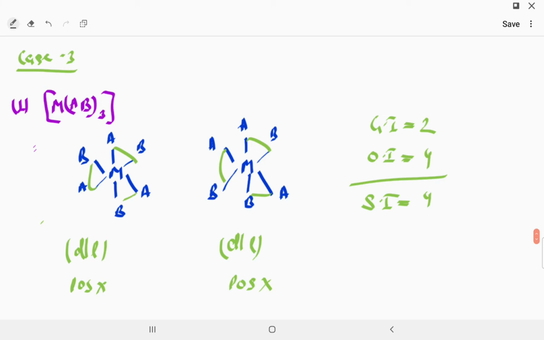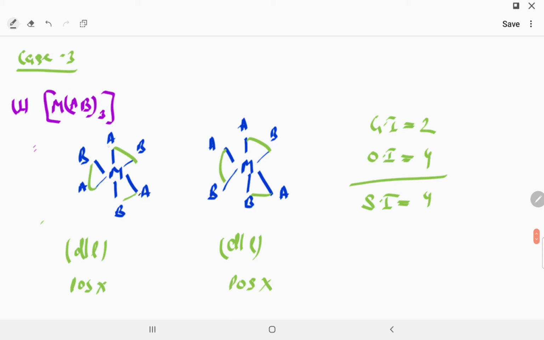Now M(AB) whole thrice. In this we have three unsymmetrical bidentate ligands, so you are able to see M(AB)(AB)(AB). They will show dextro and levo.